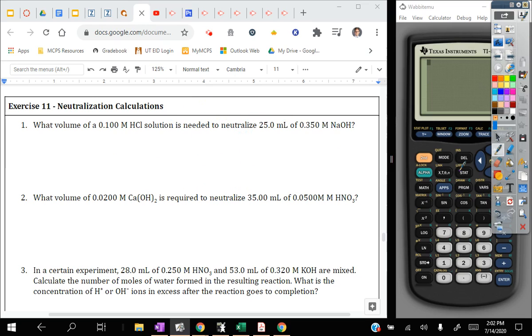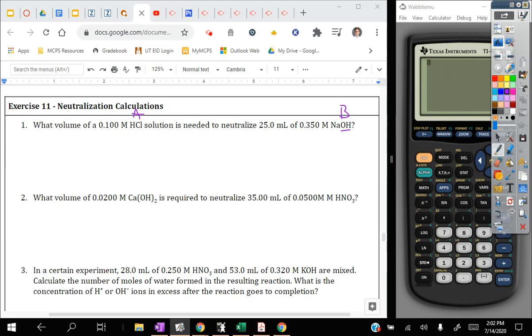Okay, let's jump into the calculations. What volume of a 0.100 molar HCl solution is needed to neutralize 25.0 mLs of 0.350 molar NaOH? So first I have to identify which is my acid and which is my base. The acid is the one with an H at the front of the formula. The base is the one with OH in the formula.